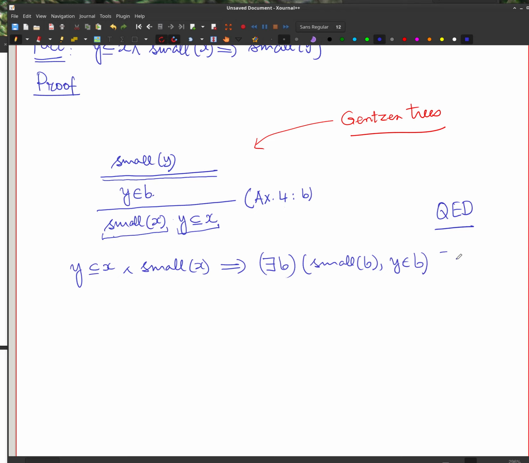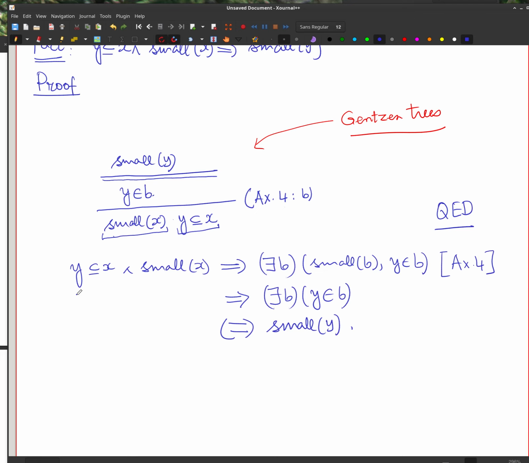So this is where we write the reason. This is how you can follow any one of these routes. So this tells me that there exists a b such that y is in b, and this is the same thing as saying y is small. Okay, so that gives me a complete proof of this statement.